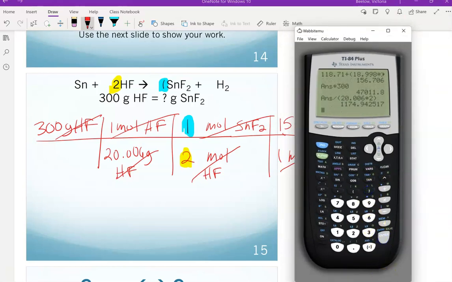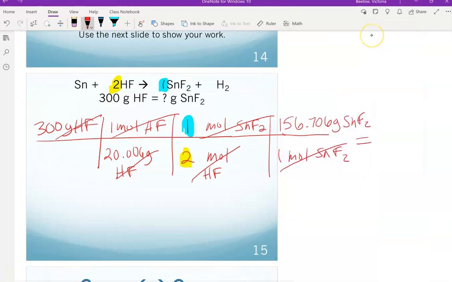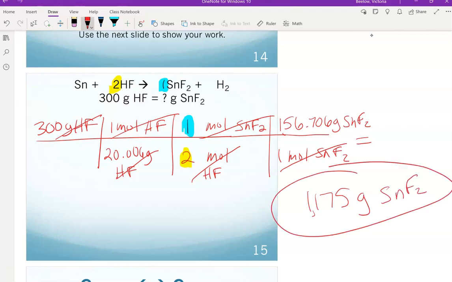For my final answer, if I'm doing 4 significant figures, I would get 117, and I would round that 4 up to 5 because there's a 9 after it. So 1175. 1,175 grams of SnF2 would be my final answer.